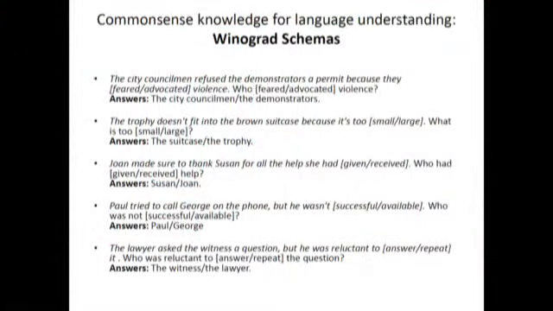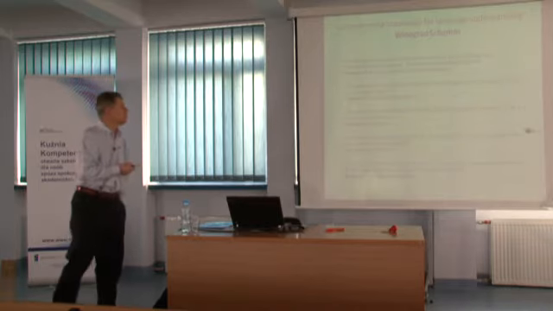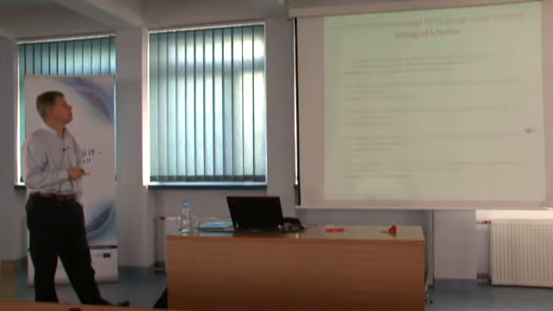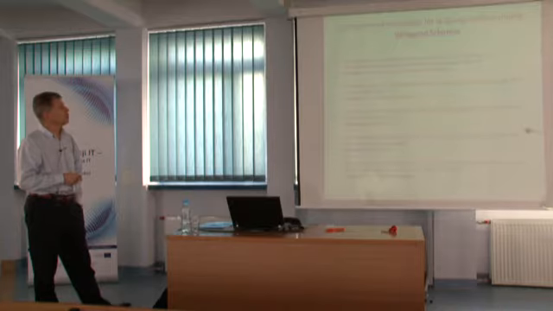So that was just trying to understand syntactically simple noun phrases. Here we have a situation where you really need a lot of common sense knowledge to understand the reference. The city councilman refused the demonstrators a permit because they feared violence.